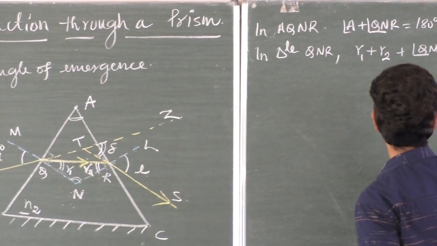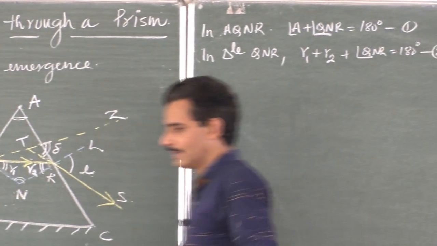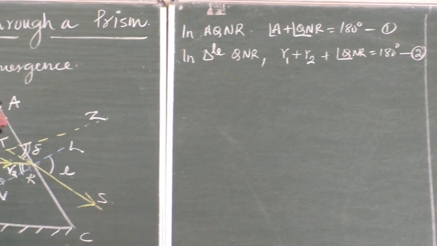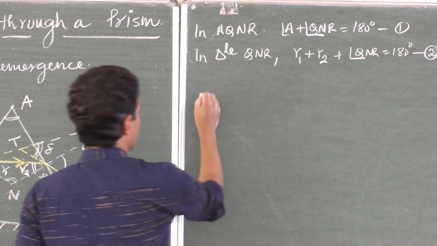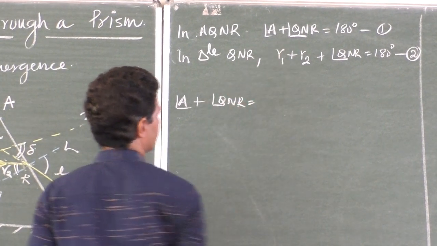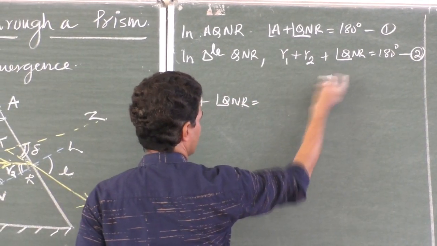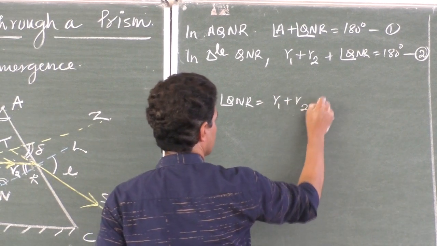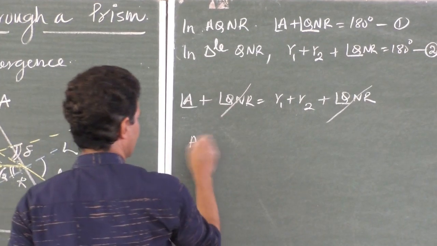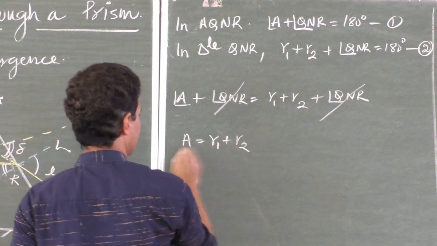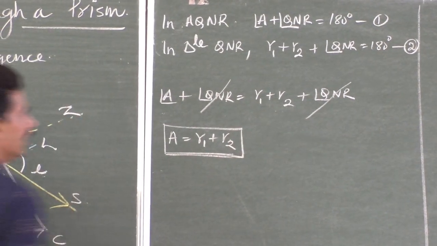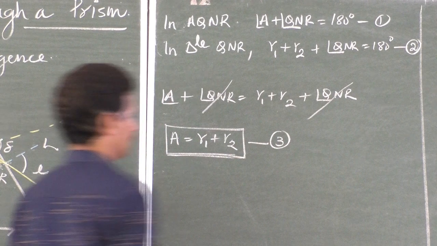So you have two equations in which the right hand sides are equal, 180. So why can't you compare the left hand sides? A plus QNR, left hand side of the first equation, equals R1 plus R2 plus QNR, left hand side of the second equation. QNR gets cancelled. What you will get? Angle A is equal to R1 plus R2. I will simply write A because it is angle A itself. This is the equation that you get, and let me name it as third equation.